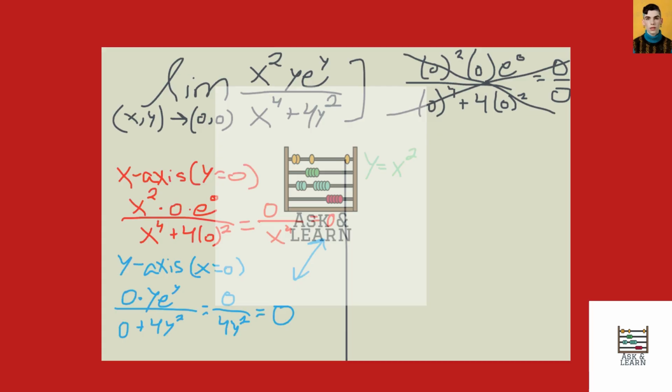So if we plug in x squared for y, we get x squared times x squared times e to the x squared over x to the fourth plus 4 times x squared squared, which is just 4x to the fourth. So we can simplify the numerator to x to the fourth times e to the x squared, over 5x to the fourth, that is 4x to the fourth plus 1x to the fourth.